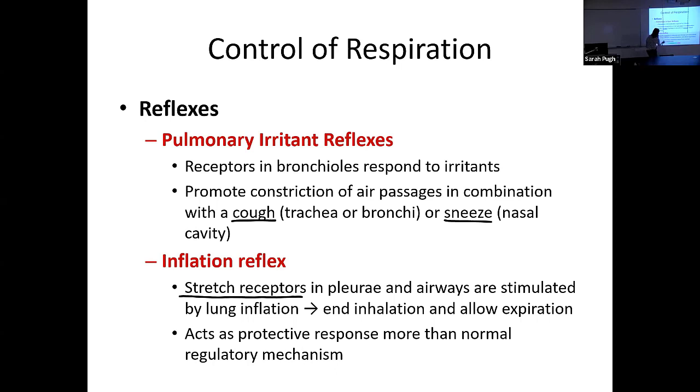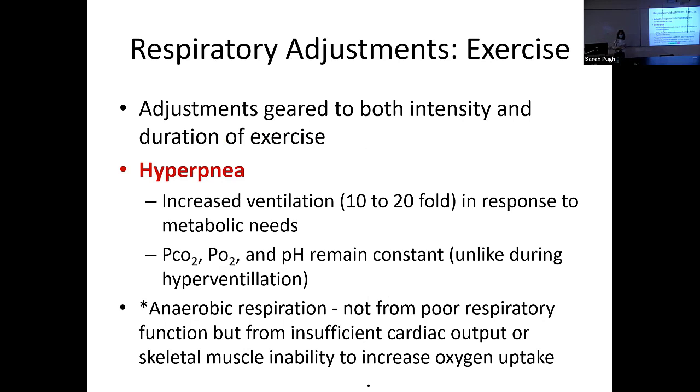They also act as a protective response more than normal regulation of your breathing, in that when you try to take a big breath in and you keep breathing in and in and in, eventually your body goes, there's no more air that can come in here, and you blow out. That's the inflation reflex. It's a protective mechanism that says no more, you're going to do damage if you breathe more, right? So this is more of a protective reflex than anything.